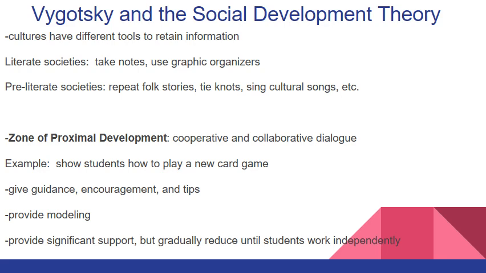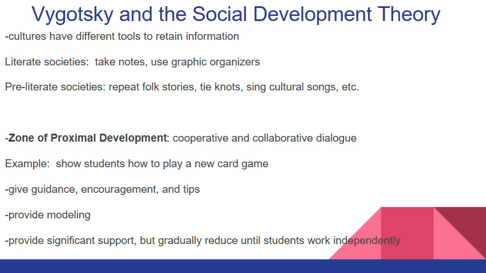Vygotsky, to provide further explanation of the zone of proximal development, explained that the zone of proximal development involves cooperative and collaborative dialogue between the learner and someone who is more knowledgeable. It could be either a peer or a teacher.